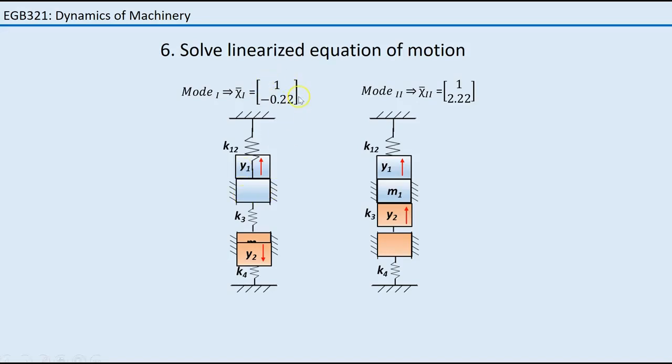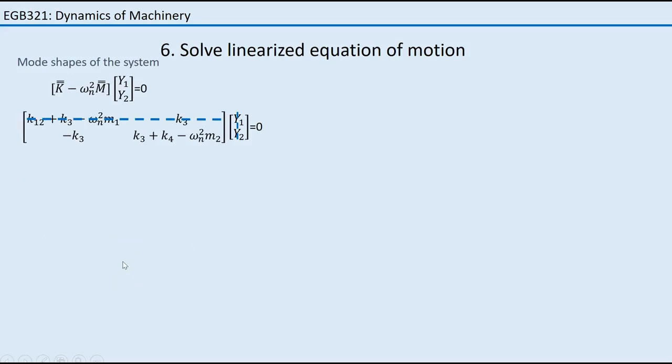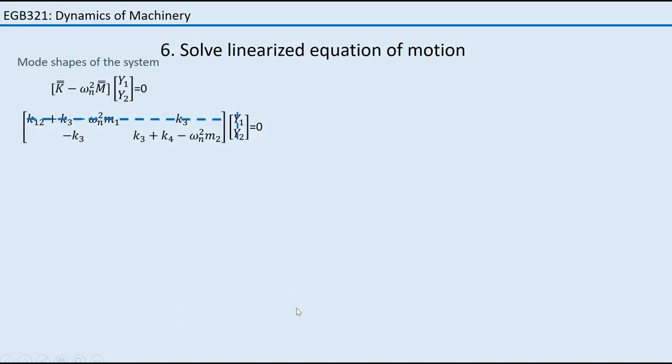So let's see how the system will vibrate at the first natural frequency. Let's go back a bit earlier, our first natural frequency was 9.04 Hz.